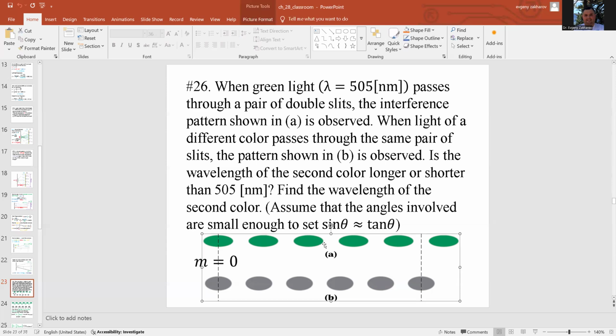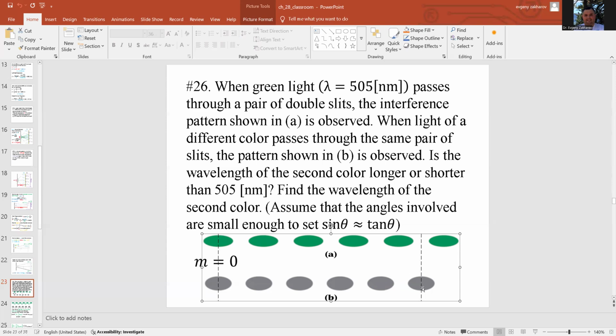So let's take a closer look at the interference pattern. And starting from the first bright fringe, the central maximum, you can see that the green light is a little ahead of the other light.